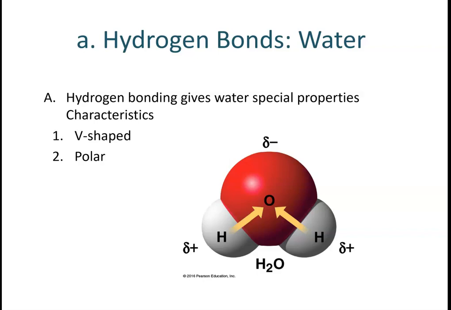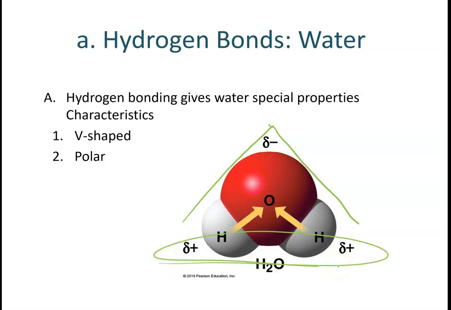So we'll talk about those properties of water in just a little bit. Characteristics are that water molecule is sort of V-shaped, with your oxygen at the point and your hydrogens forming the sides. And then, of course, it is also polar, with this largely positive region over here and largely negative region over there that allows for those polar hydrogen interactions.